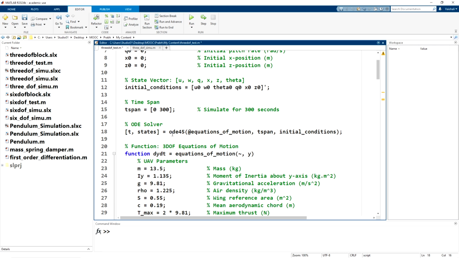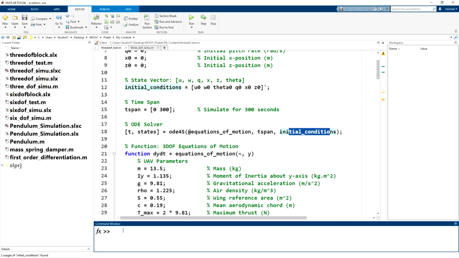And I am using ODE45, ordinary differential equation 45. This basically uses the Runge-Kutta method, which is widely used for simulating equations of motion. And this is the function file, equations of motion, t span 0 to 300 seconds, and these are the initial conditions. You can have a look at this format syntax: help ODE45.